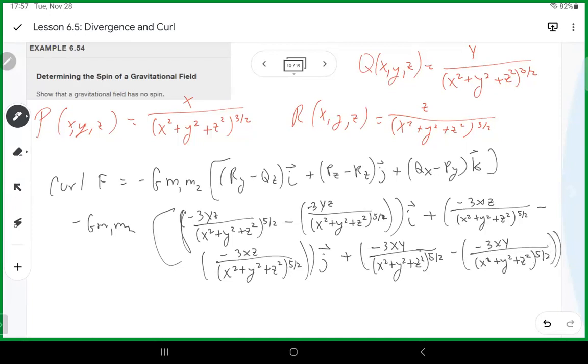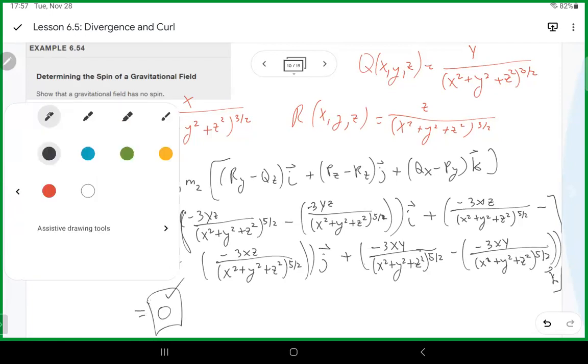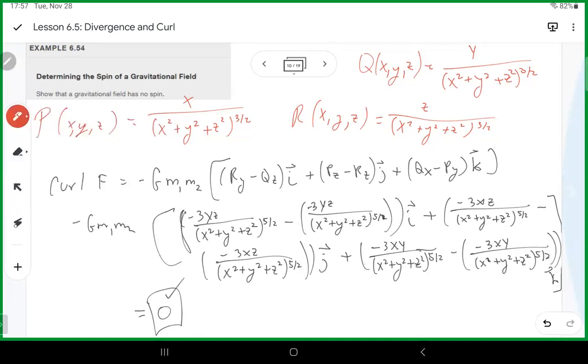That's got the k with it, and you finish off the square bracket. You complete all of that and your answer will be 0. Since the curl of the gravitational field is 0, the field has no spin.